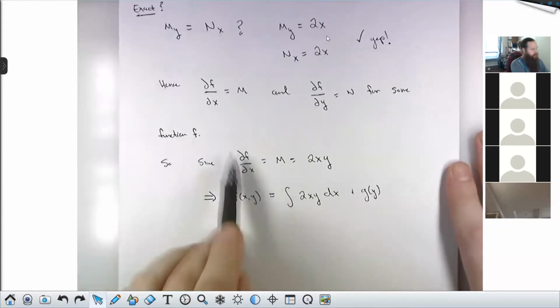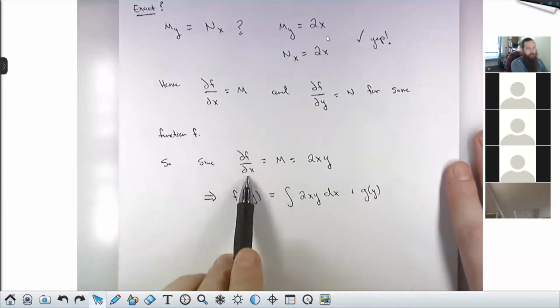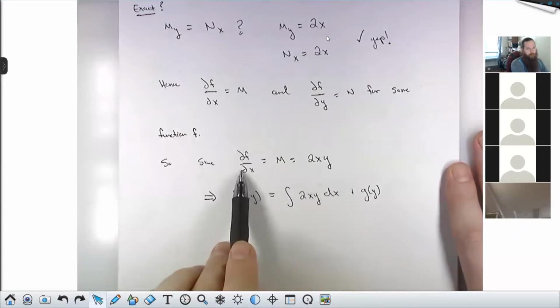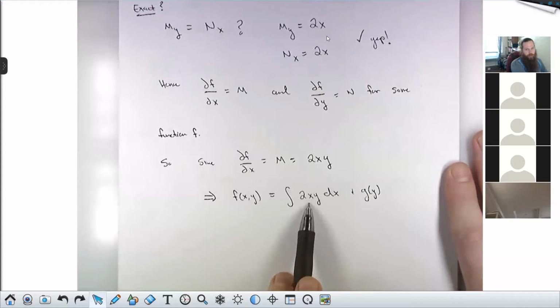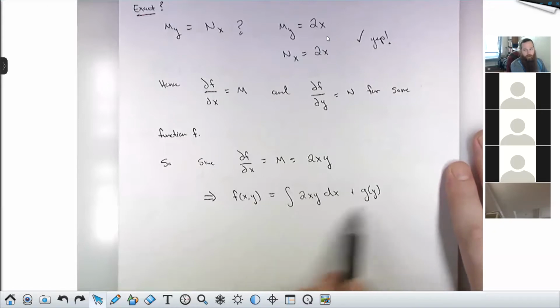This makes sense. You've got the derivative of your function is equal to 2xy, and that derivative is with respect to x. So if you integrate 2xy with respect to x, you should get your function back. The only catch is, since it's a function of multiple variables and you don't know what's going on with respect to y, you have to add on your pure function of y.